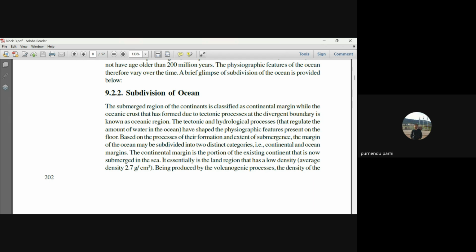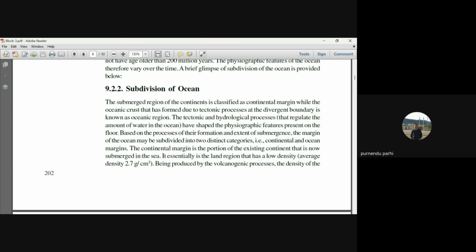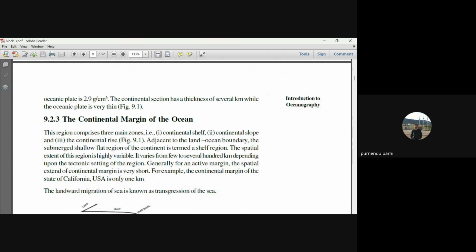The continental margin is the portion of the existing continent that is now submerged in the sea. It essentially is the land region that has a low density, being produced by the volcanogenic processes. The density of the oceanic plate is 2.9 gram per cubic centimeter. The continental section has a thickness of several kilometers, while the oceanic plate is very thin.